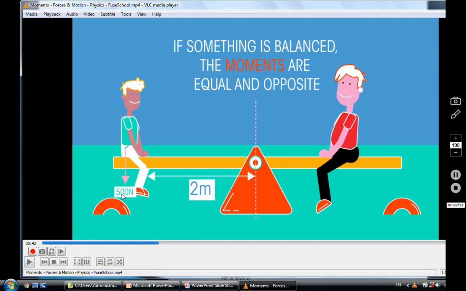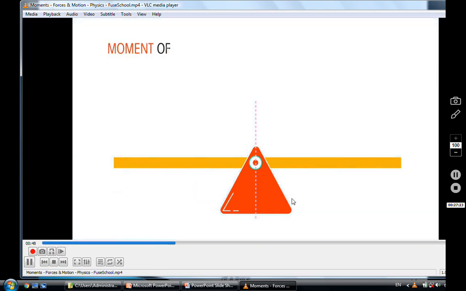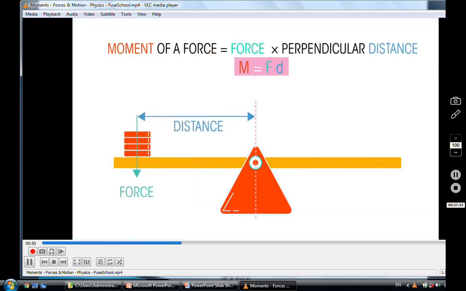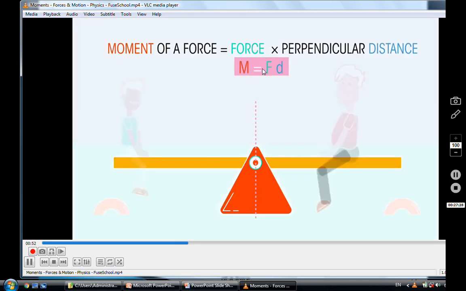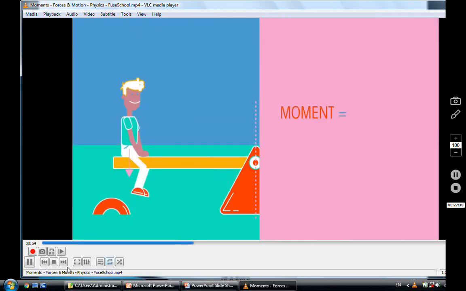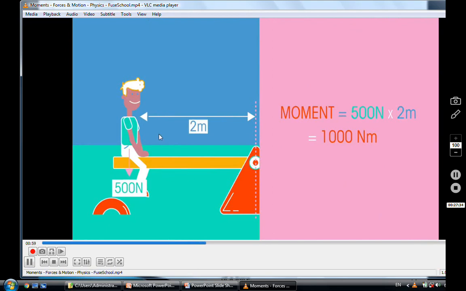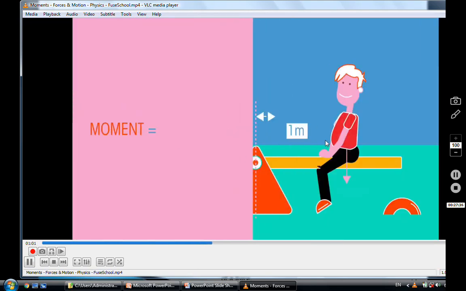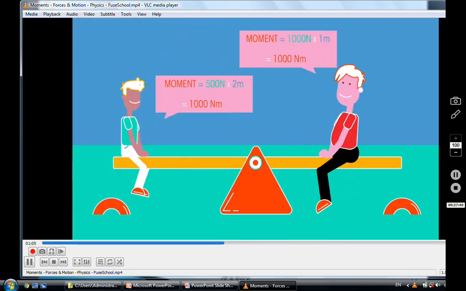We have, like, 500 Newton weight at 2 meters from the pivot, and the heavier one needs to be closer. So moment is equal to force times distance. It will be 1000 for this one, and for the heavier one, it's 1000 multiplied by 1, it's also 1000. So the seesaw is balanced.